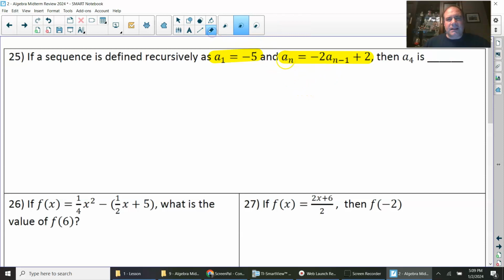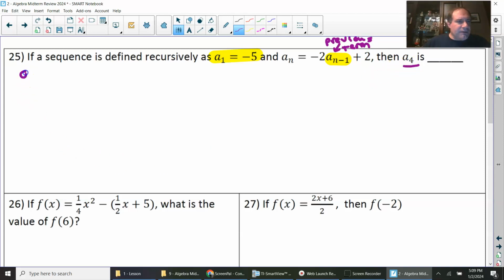So I'm just going to not highlight that whole thing because that really is confusing. This right here, that is the previous term. The term that is before the one that you're trying to find is the previous term. And they're looking for a sub 4.